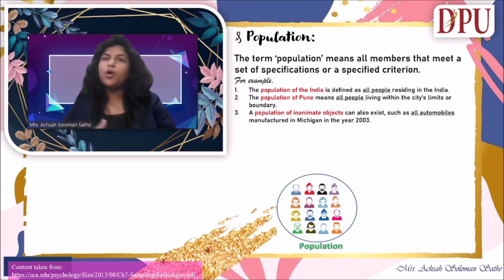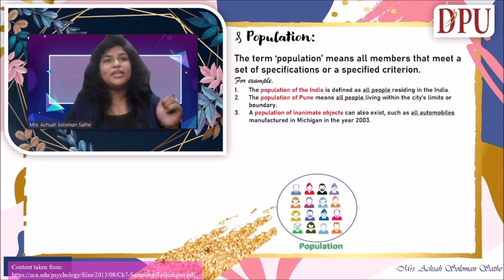So all the automobiles manufactured in that particular place in this particular year will also be your population. So you will notice that actually the population is too huge. So how can you use the entire population to conduct your research? As a beginner researcher, you may think that yes, it's impossible.